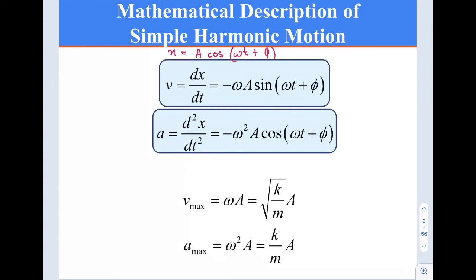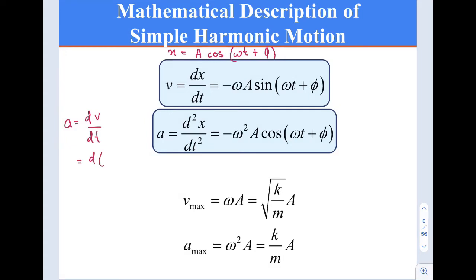And here is the acceleration. Acceleration is defined as d squared x over dt squared, which is equivalent to differentiating v with respect to t. What does that mean?